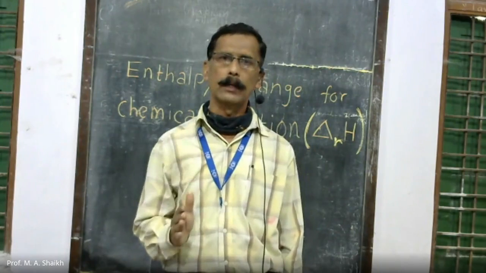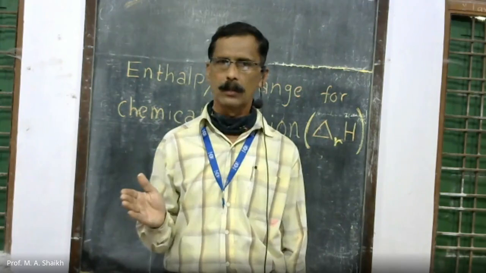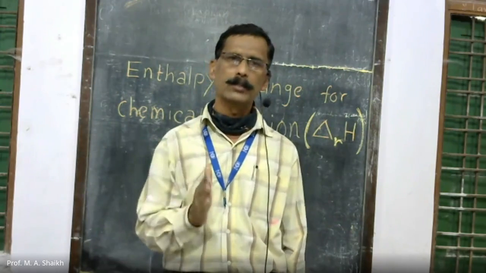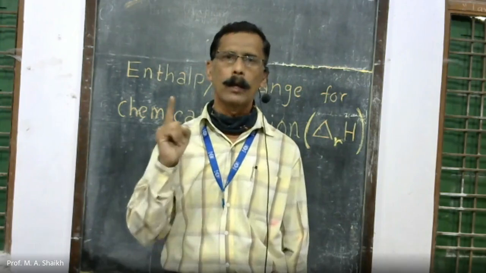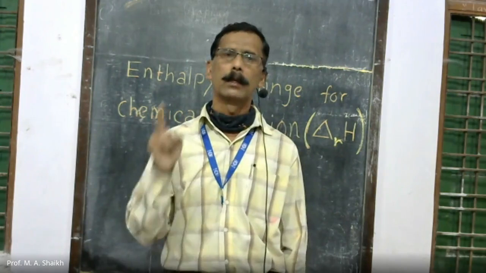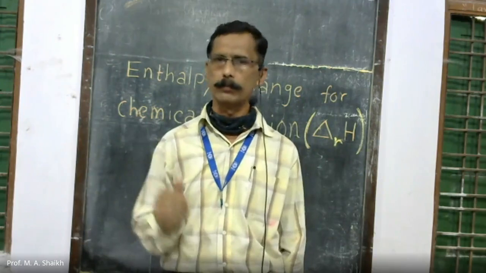Therefore, mathematically, H is equal to U plus PV, where H is the symbol for enthalpy, U for internal energy, P for pressure, and V for volume of the system.